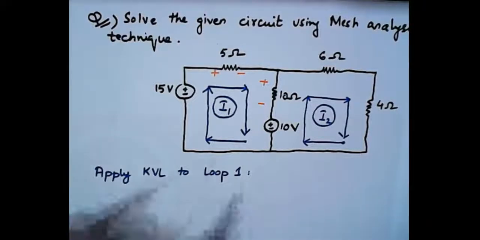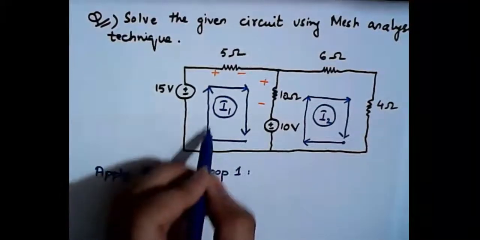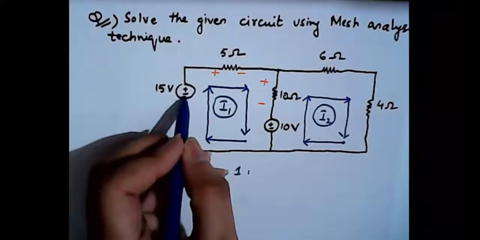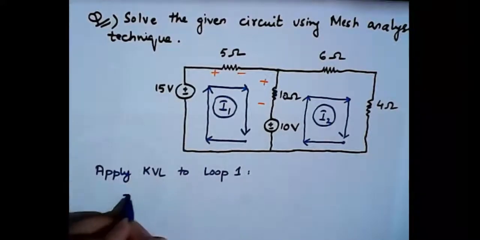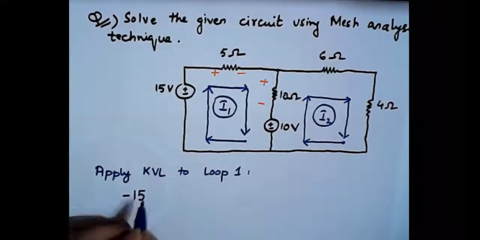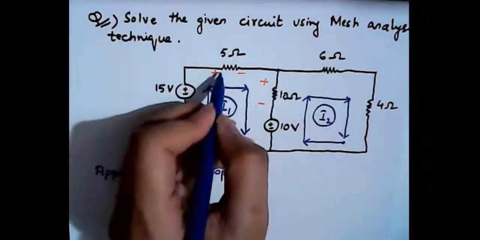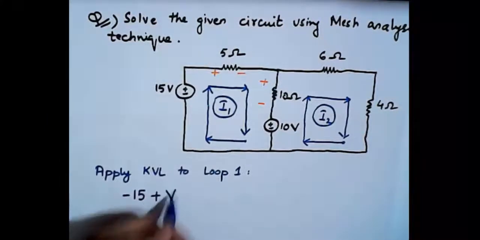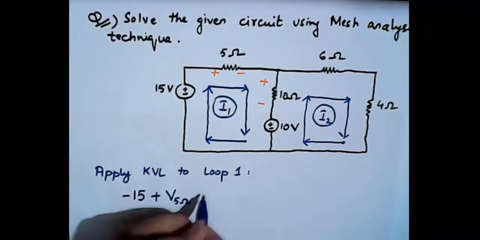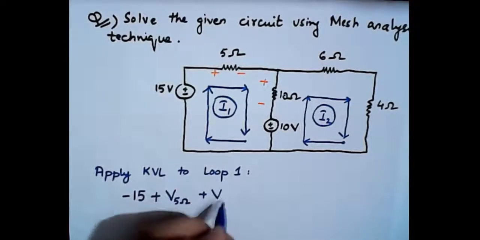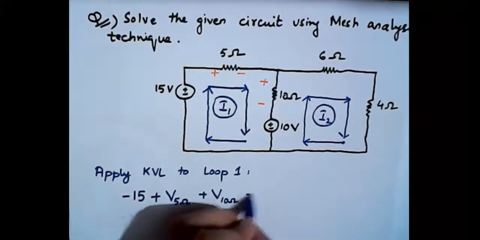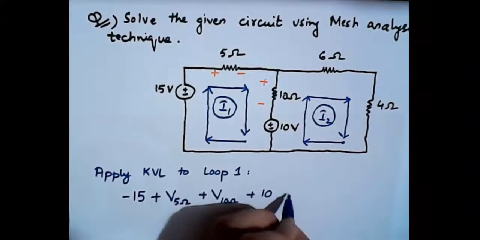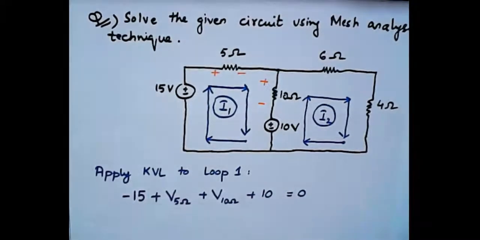So the first step: here there is no branch involved, it is entering the negative terminal, that means minus 15, plus V 5 ohms plus V 10 ohms plus 10 is equal to 0, right? I hope this is clear.